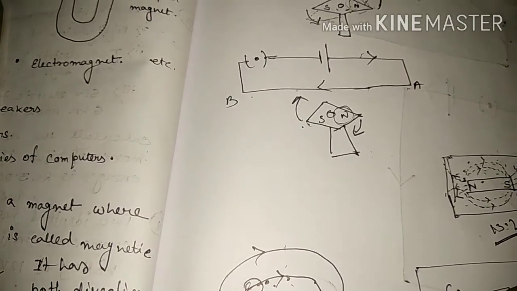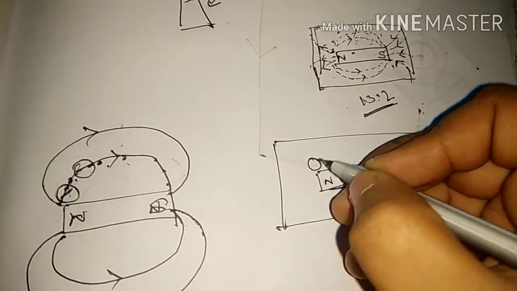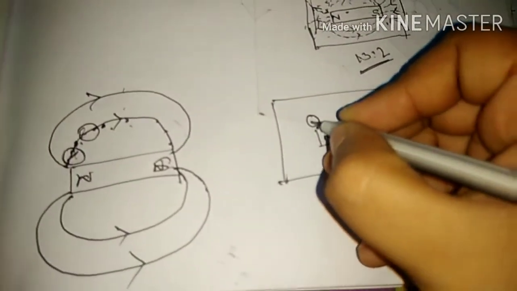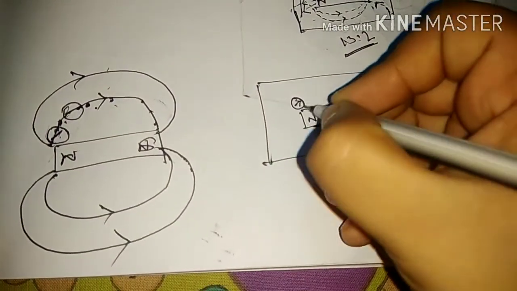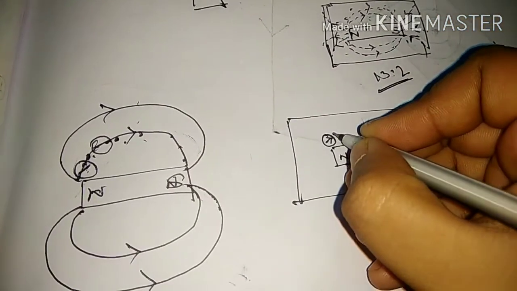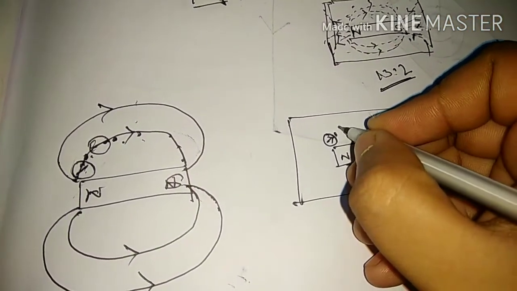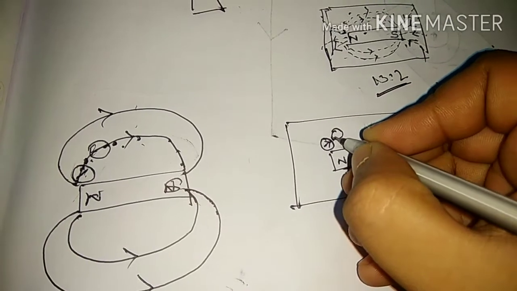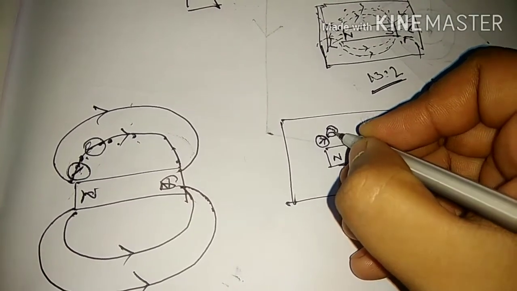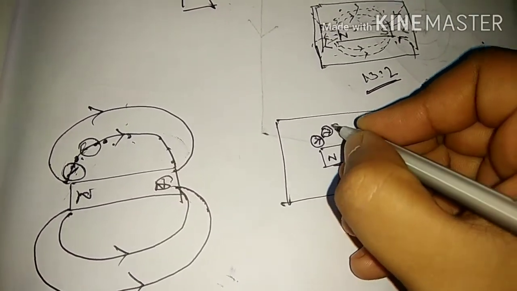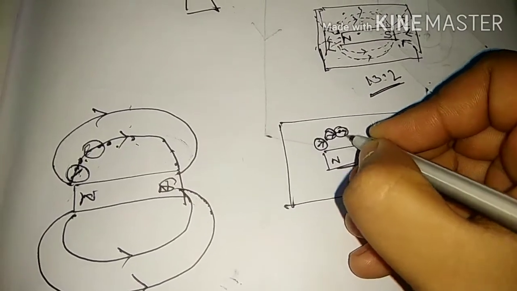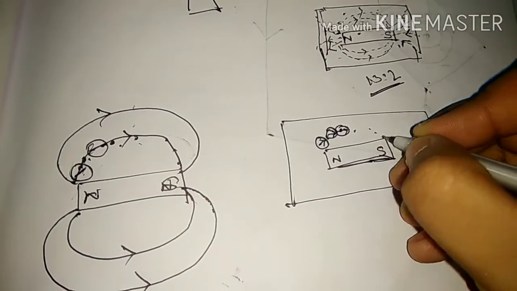When you place the magnetic needle here, the magnetic compass is deflected in some direction, suppose like this direction, so you mark it over there. Now again you place the magnetic needle, it is deflected like this way, so mark it over here. Then again you place it and mark it. Like this way you get some points.